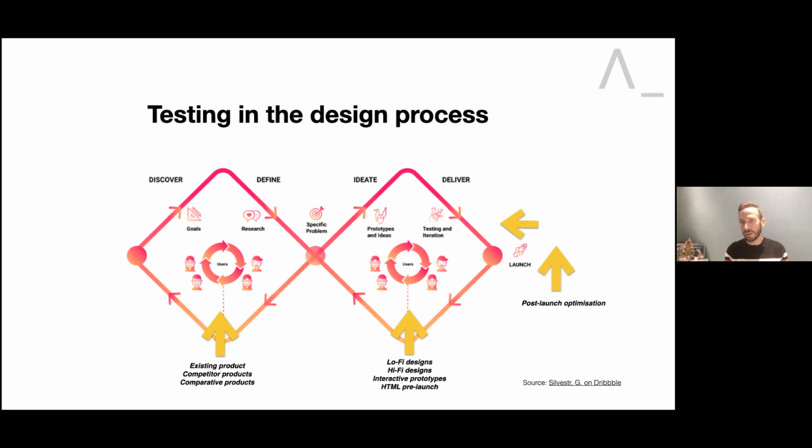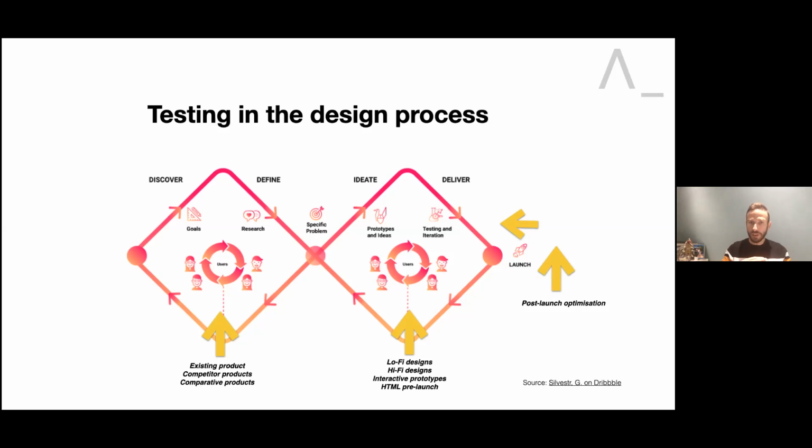You can perform even first click tests on those as well, just to make sure that every time you move up a layer of detail in the design, you have validation and you have success monitored before you get there, so that every time you're de-risking the design process.